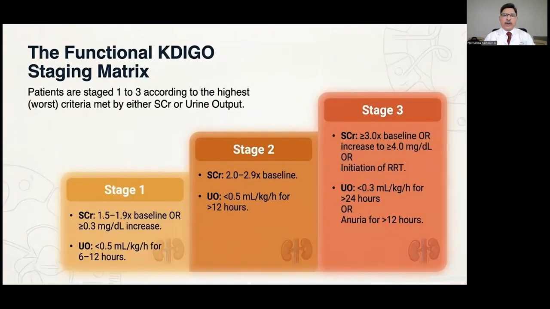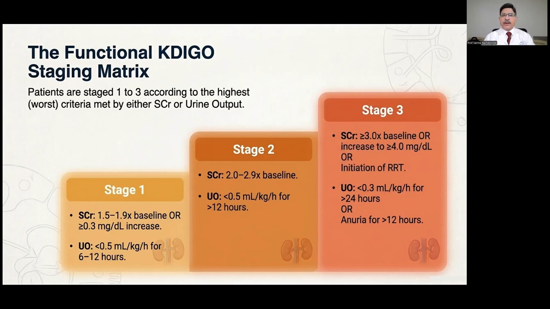Now, stage 1, stage 2, stage 3. Already I have tabulated there. Serum creatinine 1.5 to 1.9 times, urine output less than 0.5 for 6 to 12 hours. Stage 2, 2 to 2.9 times baseline, and urine output less than 0.5 for more than 12 hours.